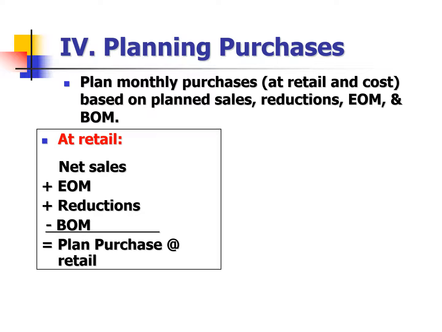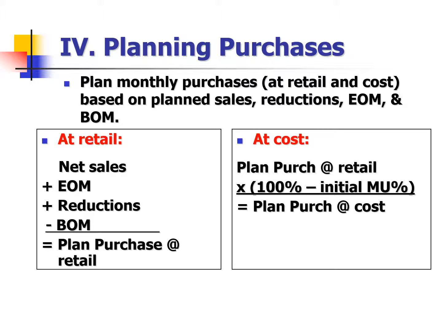So if you're planning purchases for February, you take the sales of February and the EOM of February, add the reductions you plan for February, minus the BOM you plan for February, and that will give us the planned purchases at retail value for February.